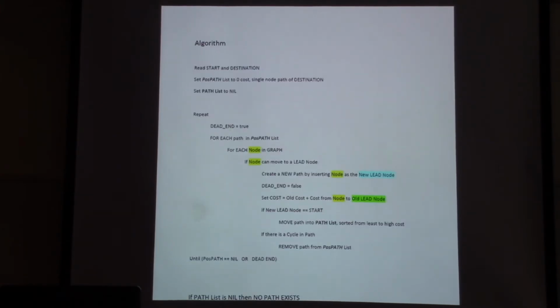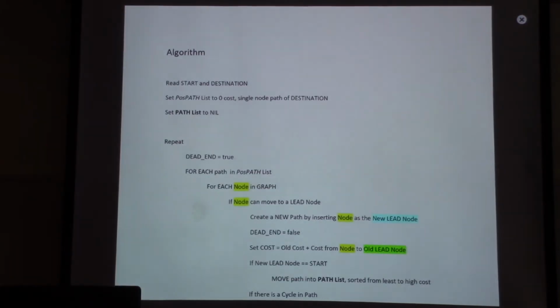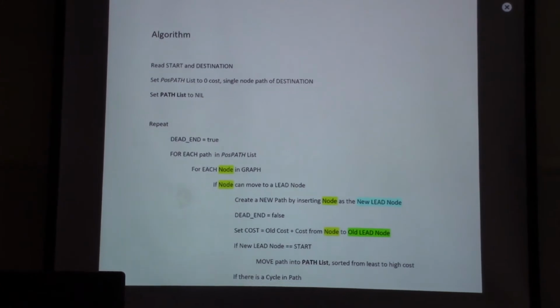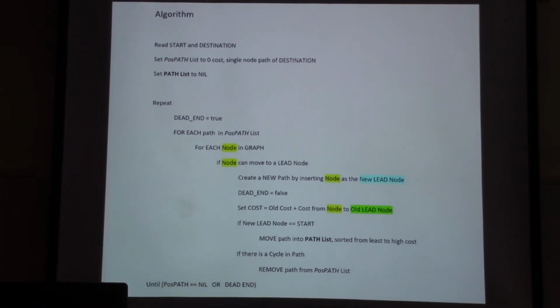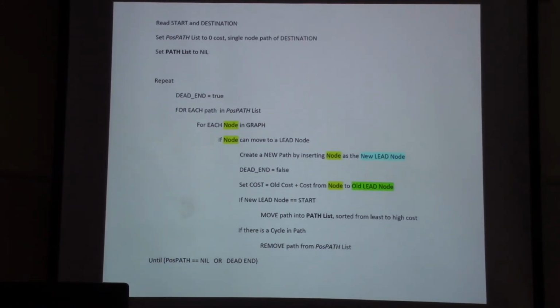Okay, so here is the algorithm that I'm going to propose for you to find the least cost. And let's see how that's going to go together. What we're going to do is have a possible path list, and then we're going to have a path list.